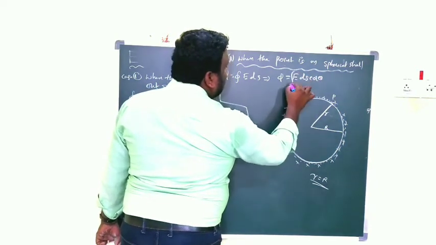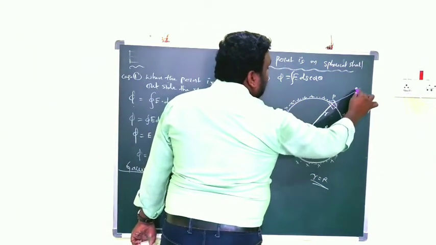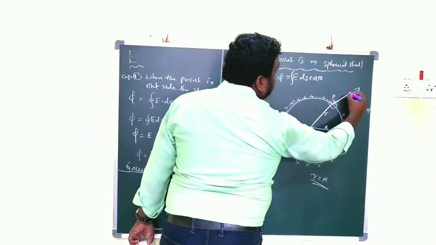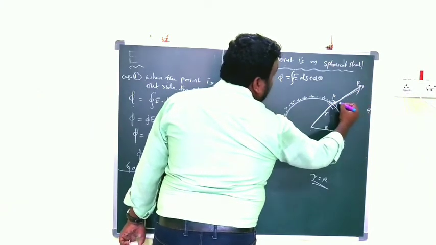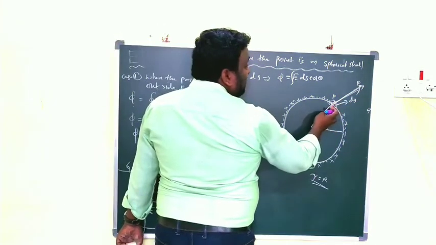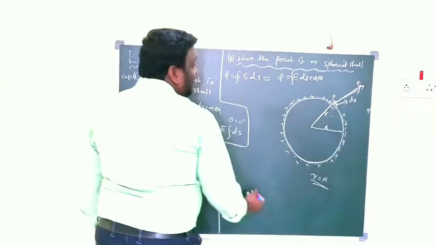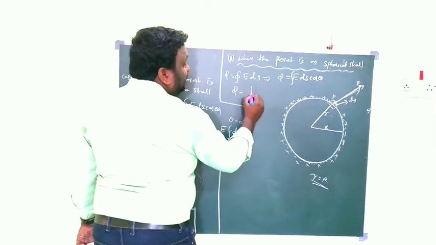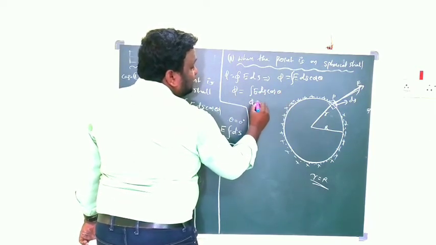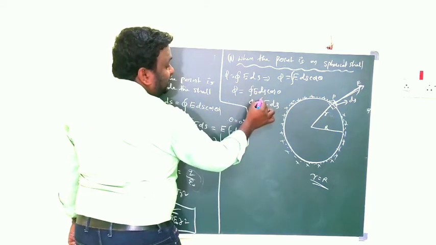Again at this point P, the surface element dS and the electric field are both in the same direction, radially outwards. Then phi is equal to integral E dS cos 0. That means phi is equal to closed integral E dS.